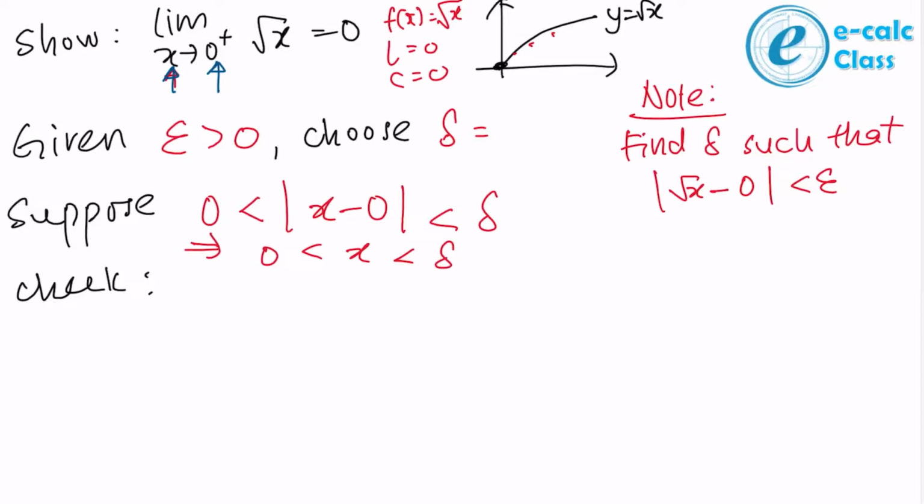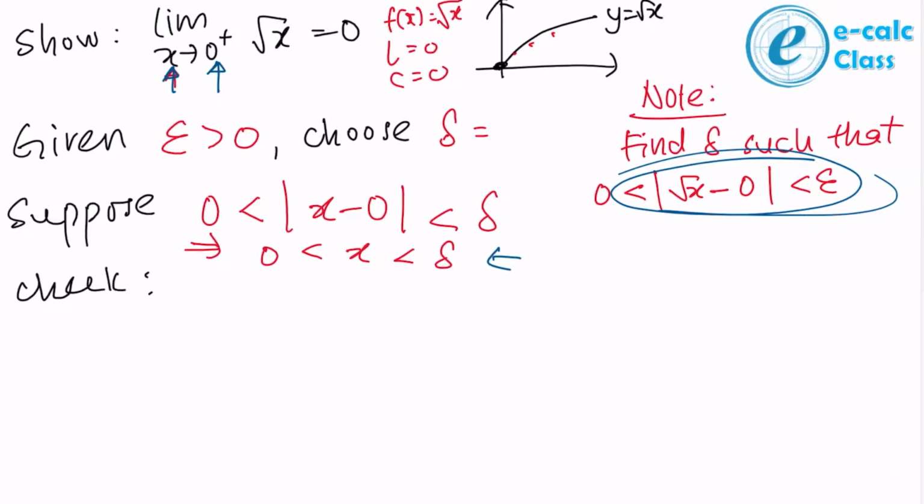Now I need to check something. I need to check if my x is within this interval, is my f(x), which is my square root x, within this interval? Actually it is; I forgot to write one more, it's greater than 0.